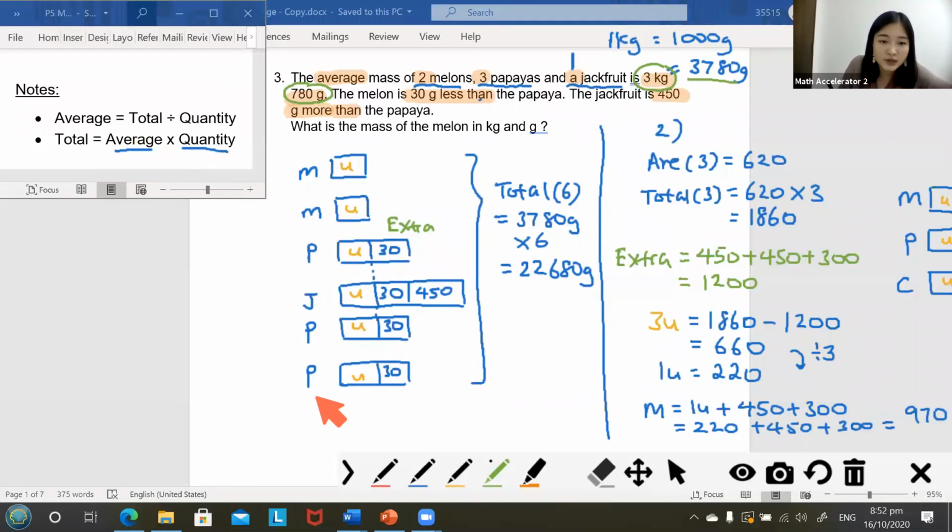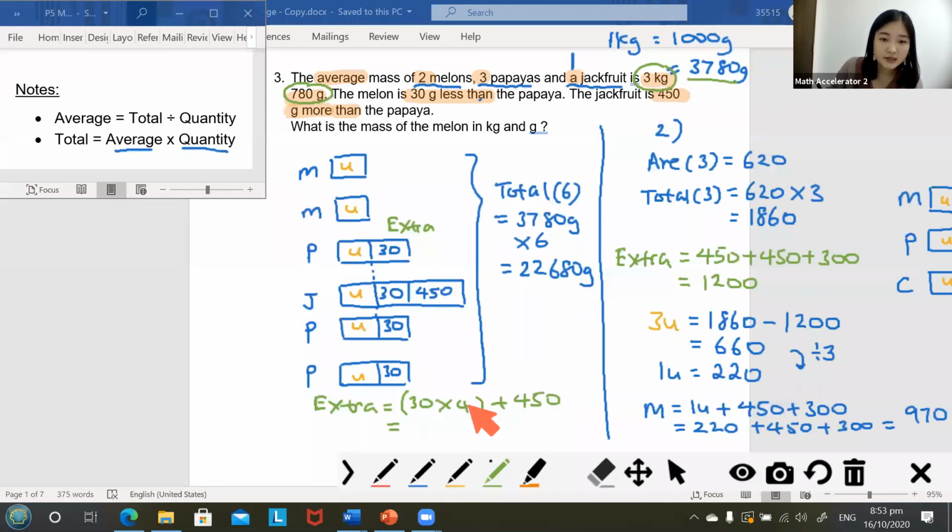Okay, so what's the extra? Yes, correct. 30. How many 30s do you have? 1, 2, 3, 4. So 30 times 4 plus 450. Okay, add it up.